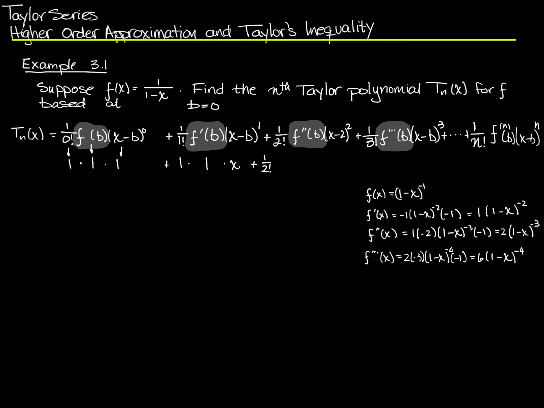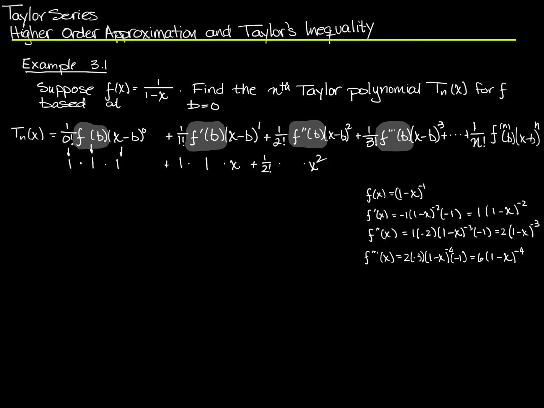And my factor here is going to be x minus 2 squared. Sorry, x minus, where did the 2 come from? That's wrong in the line above, too. I bet you caught that a long time ago. That should be a b. And b is 0. So that is x squared.